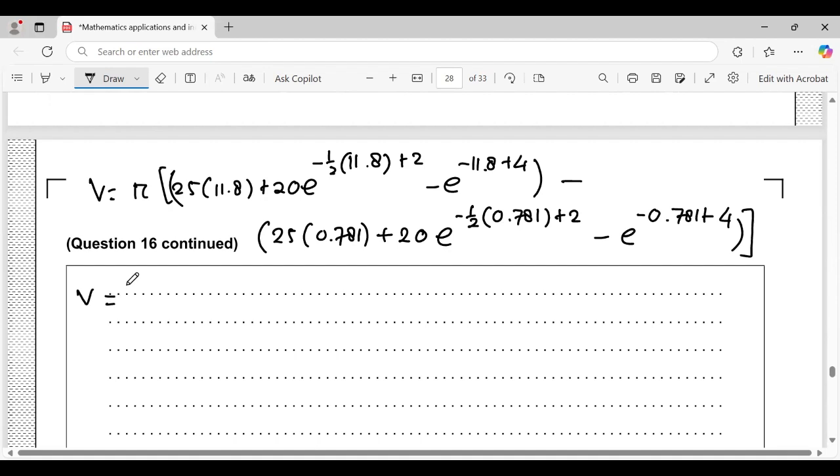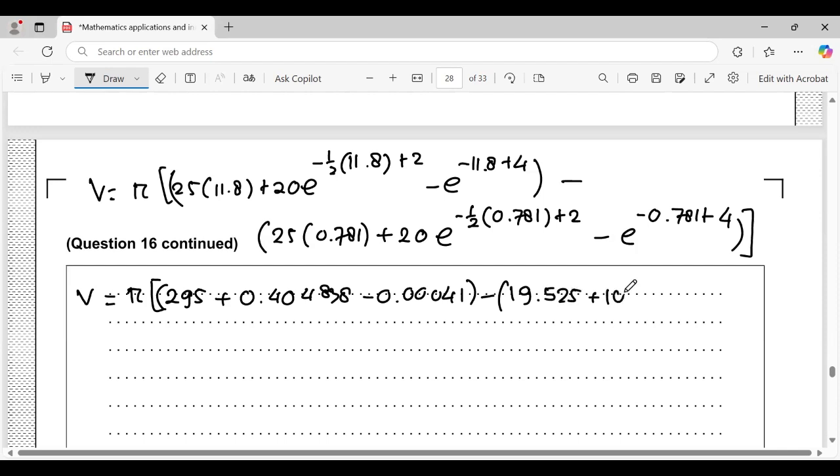And if you calculate, the next calculation becomes pi times 295 plus 0.40438 minus 0.00041 minus 19.525 plus 100.0062 minus 25.0031.